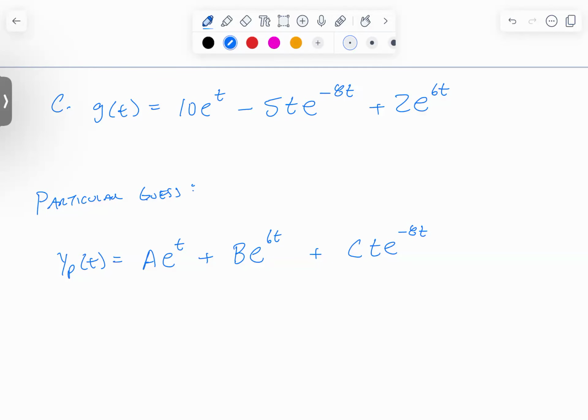So I actually have to go all the way down here. So (Ct plus D) e to the negative 8t. And that's right, when it's being multiplied, make sure you have all the pieces.